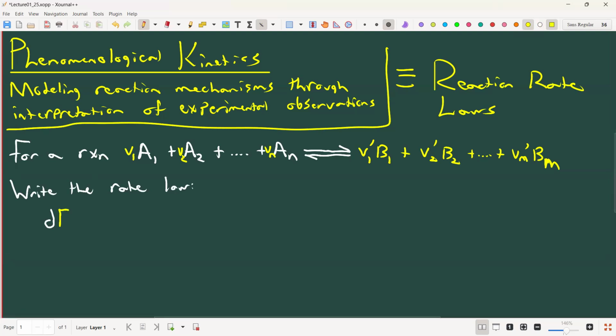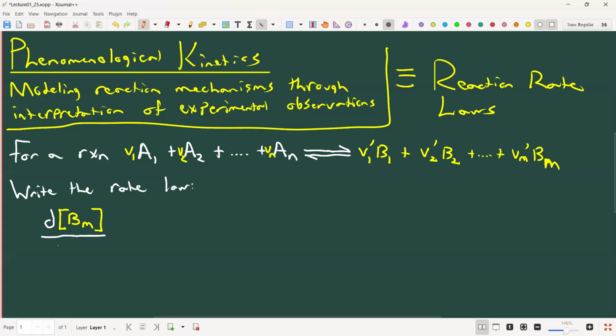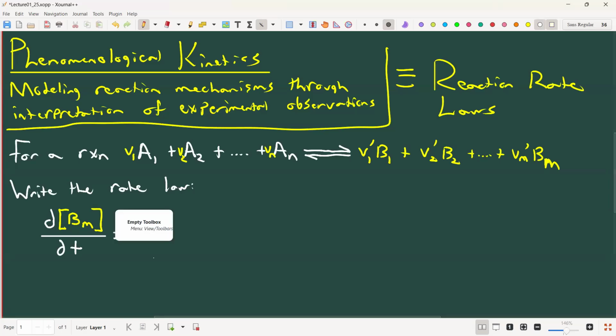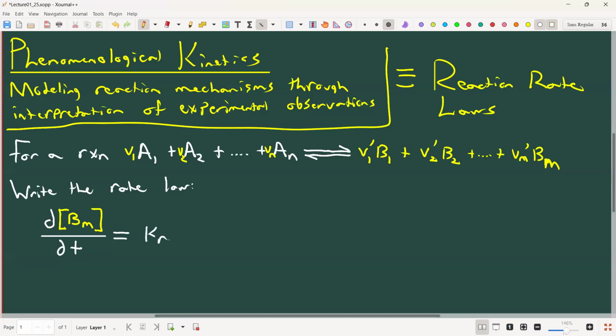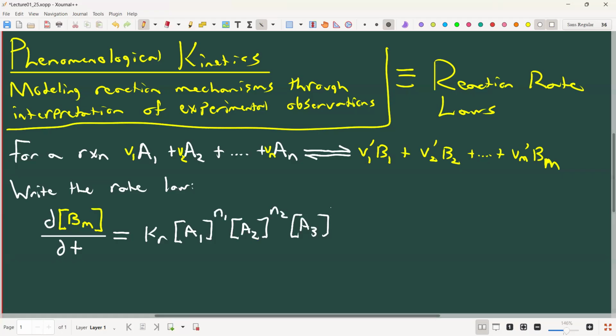We can think of, for instance, the time derivative of the formation of one of our products. It's going to have some associated rate, k_r, the observed rate that we have, and it's going to be a product of the concentrations of our reactants to some power. And we talked a little bit about these powers.